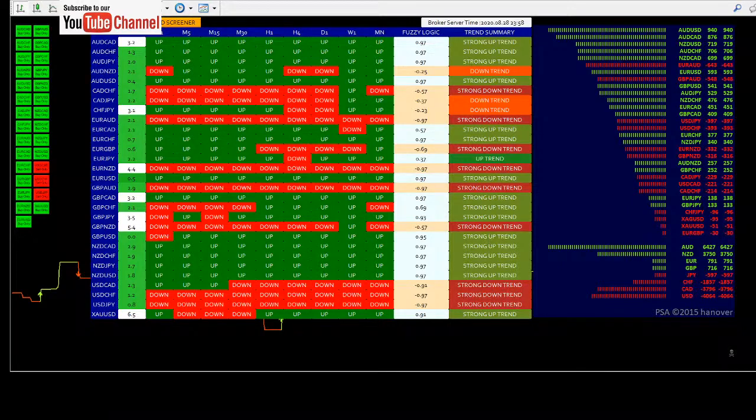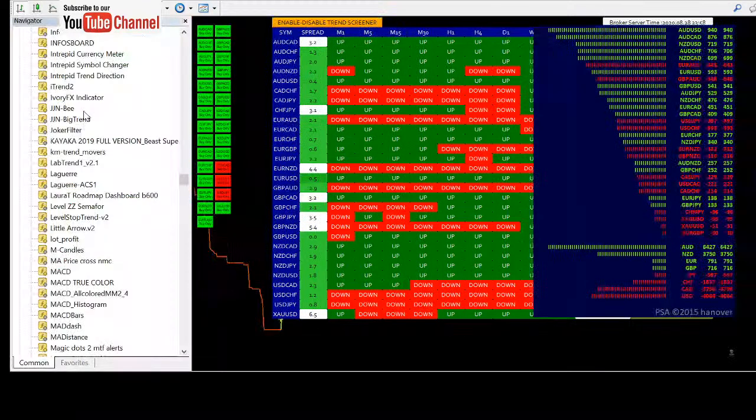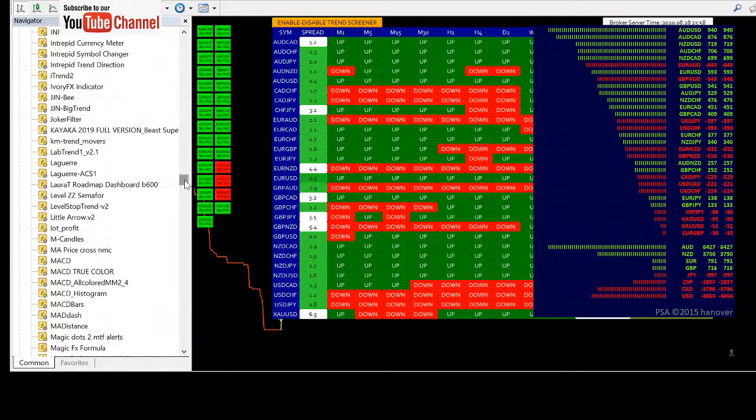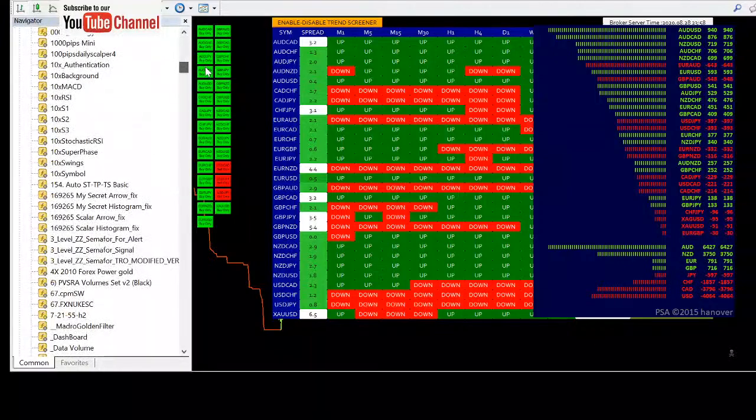USD/JPY is currently at resistance. Now we did say why we are not taking USD/JPY. One of the reasons was because we are at another minor support here, which price was rejecting, so it's consolidating in between these 2 ranges.